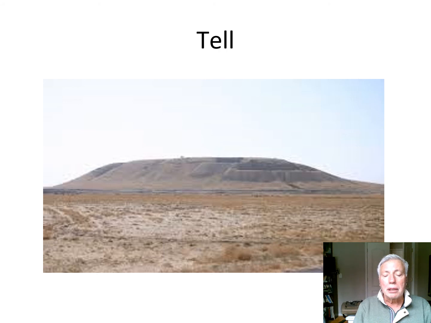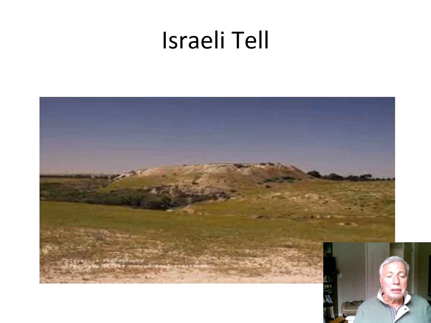So here we are in the Middle East, and this tell is readily identified by archaeologists as a mound. The topsoil is probably richer on top based on whether or not there's organic material in the tell itself.